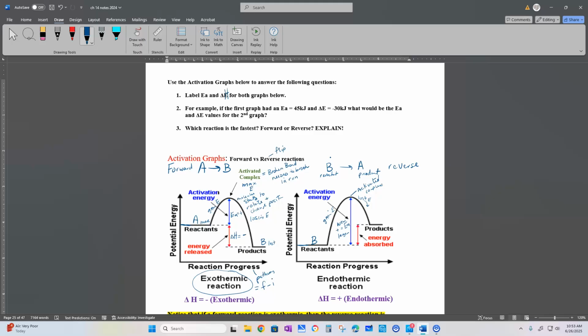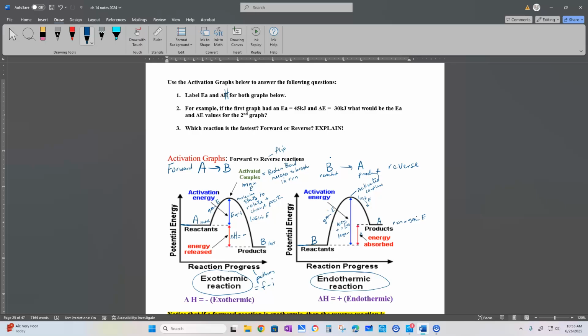It's still reactants to the activated complex. Then I lost, and then I formed my product. Well, notice right here, my B was low in energy, my A is greater. I gained energy. My whole reaction gained energy, gained heat. So that means endothermic, okay?